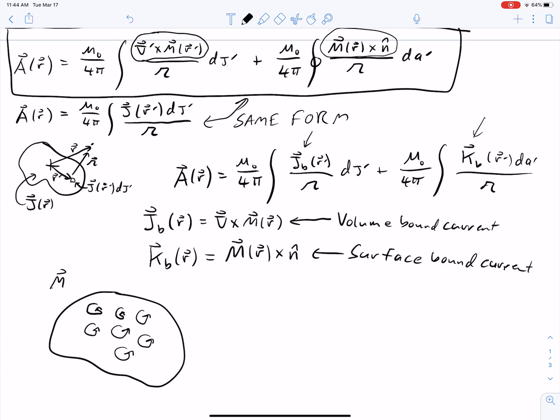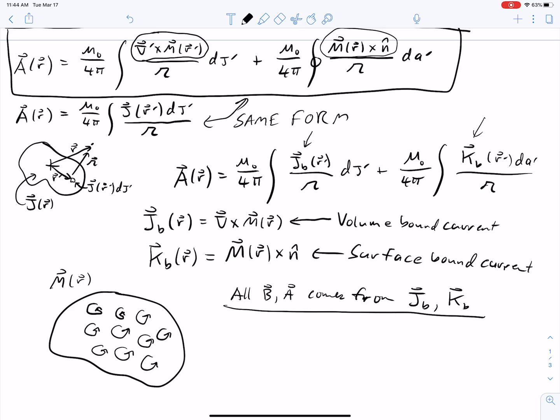But if I have some material with some magnetization and I want to know the vector potential or magnetic field from this material, then all I have to do is think of the effect on the B field and the A field as coming from the volume bound current and the surface bound current.